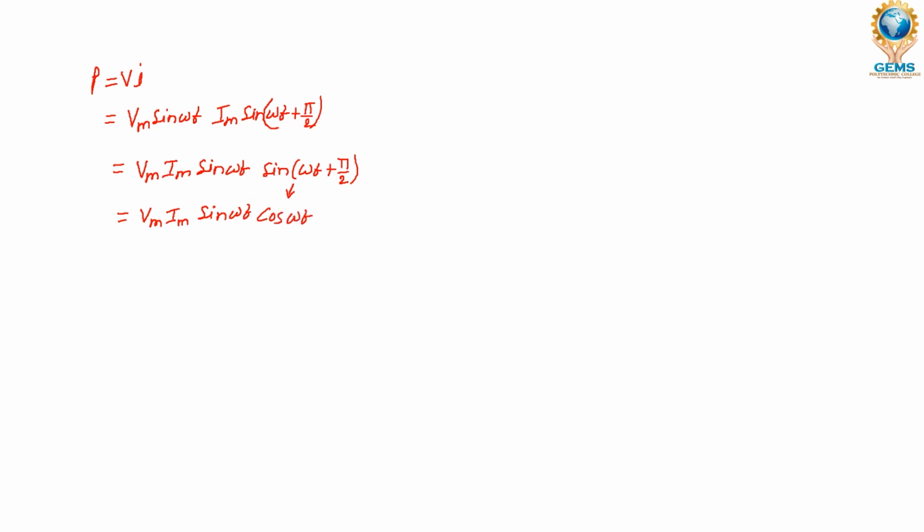We have one formula: sin 2 theta equals 2 sin theta cos theta. From this, sin theta cos theta equals 1 by 2 sin 2 theta. Here, in place of theta we are taking omega t.